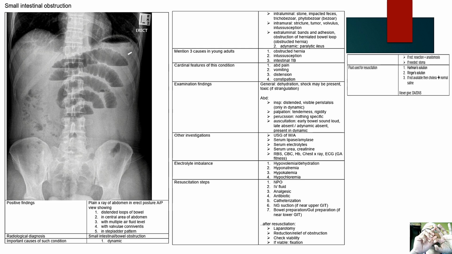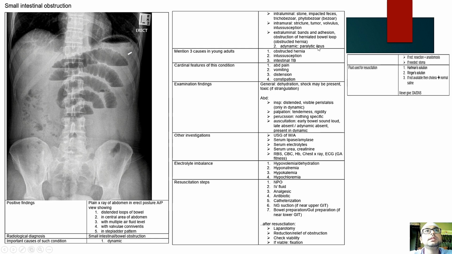And extraluminal means band and adhesion, maybe band and adhesion attached with the gut wall and the abdominal wall, or between two viscera, between two serosal layers, there is an adhesion. Okay, so band and adhesion of herniated loop.